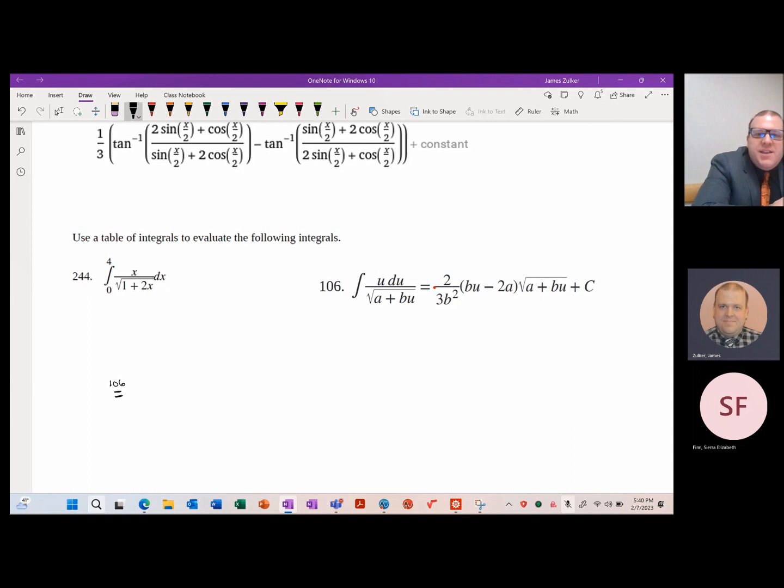So I represent it this way. Equals, because of formula 106, so I just write 106 over the equals. Two over 3 times b squared. All right, b is 2.